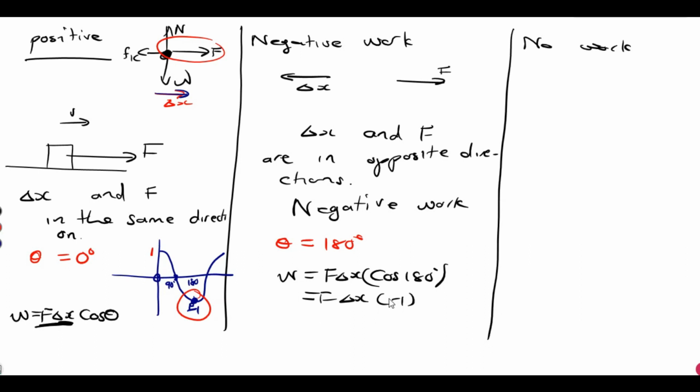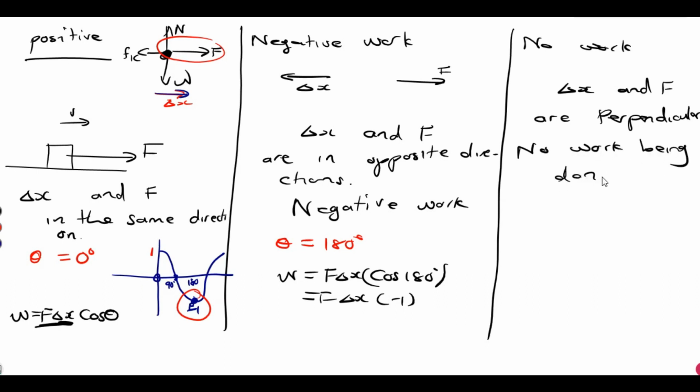So you have that. Now no work. For no work, if delta X and a certain force F are perpendicular to each other, then no work is being done by that force, right?